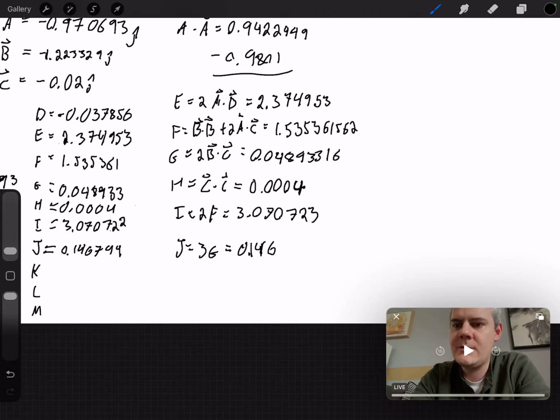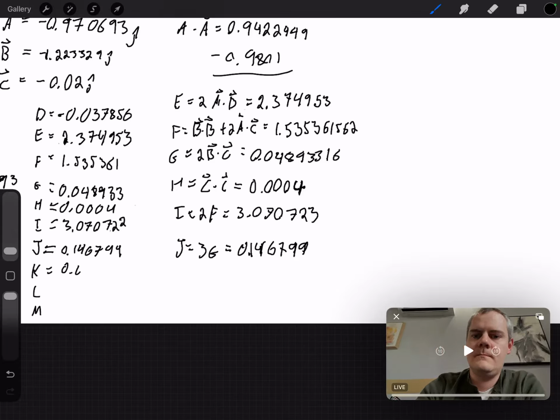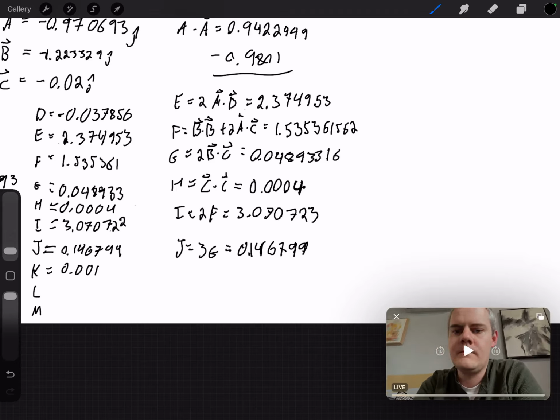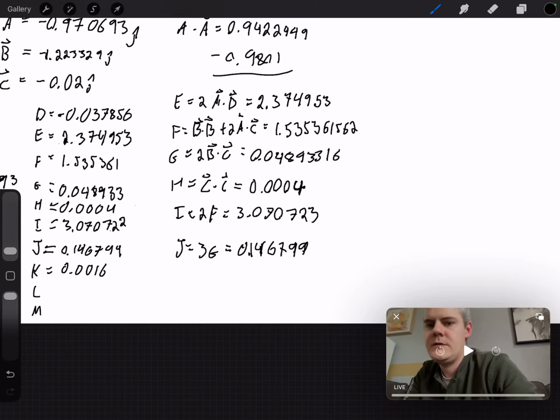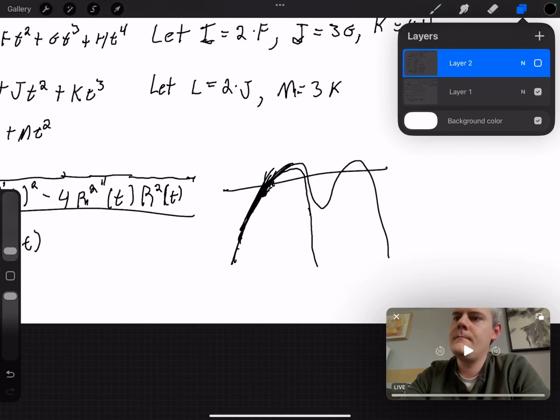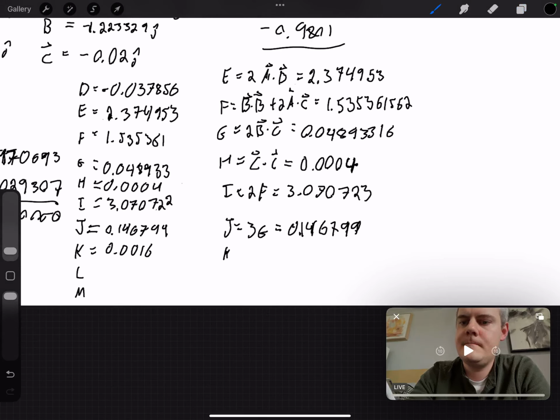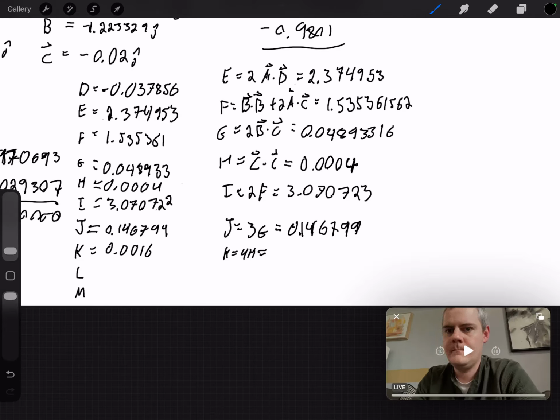Except for the additions and other stuff as well. .016, 4H. Did I write down that H value wrong? No, that looks right.